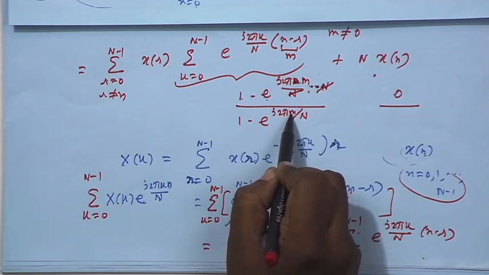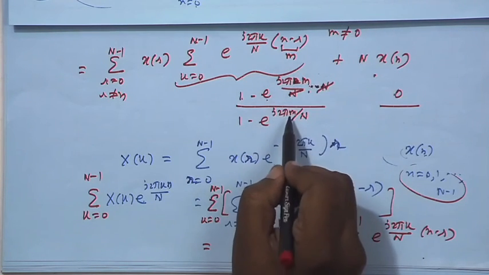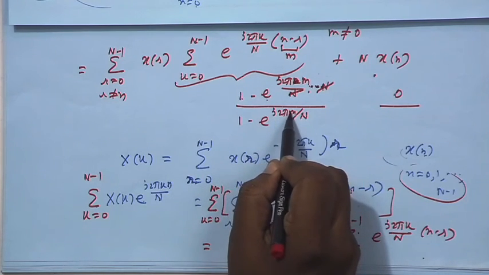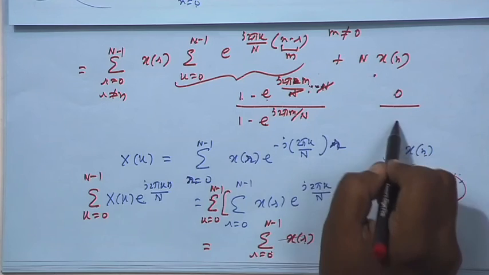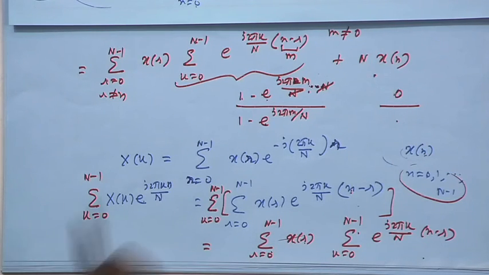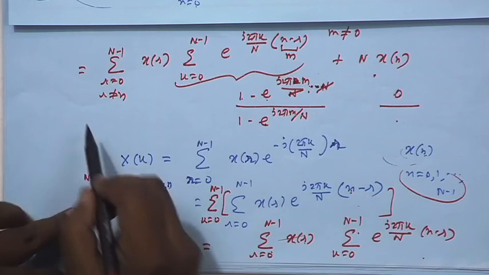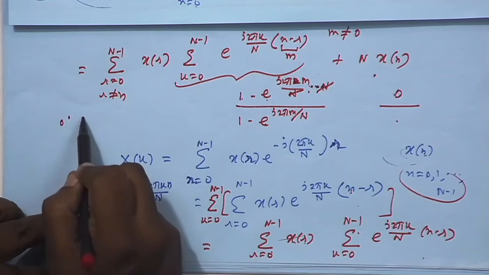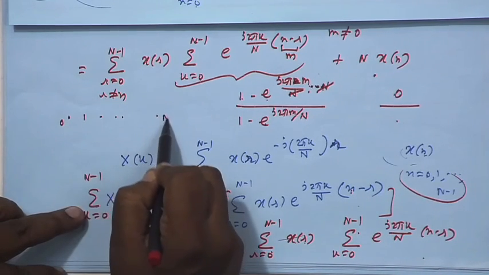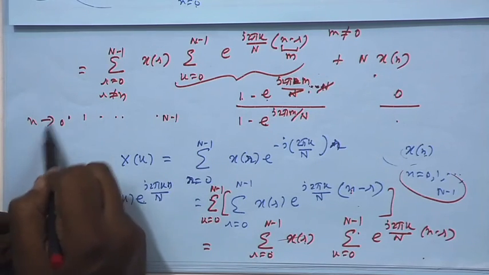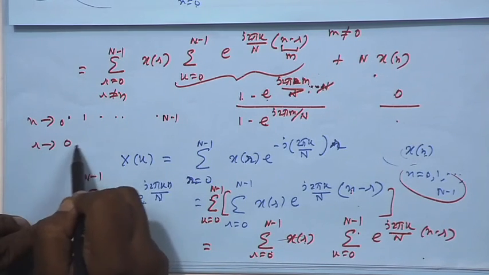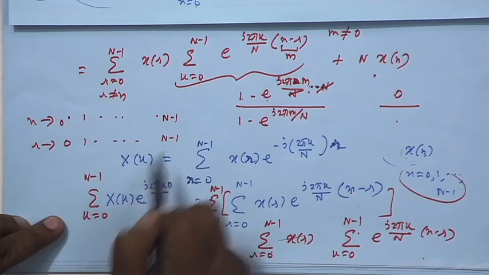But in the denominator, m by capital N is neither 0, and m cannot be equal to capital N. If it were capital N, then again e to the power j 2 pi is 1, 1 minus 1 is 0, and it would be 0 by 0. But that cannot happen, because what is small m? Small m was n minus r. n varies from 0, 1 up to capital N minus 1, and r also varies from 0, 1 up to capital N minus 1.